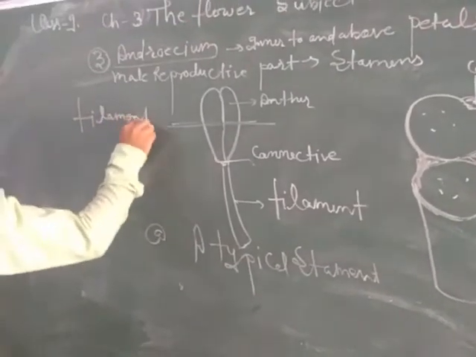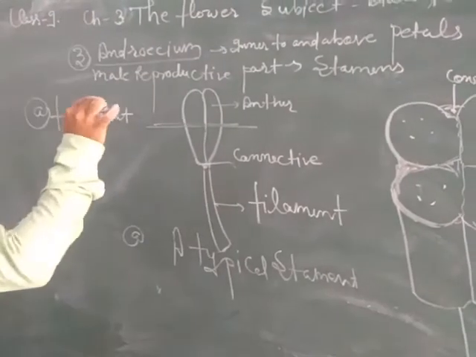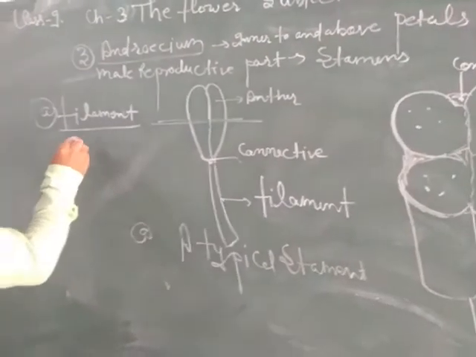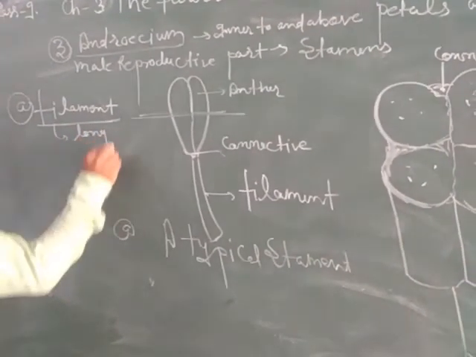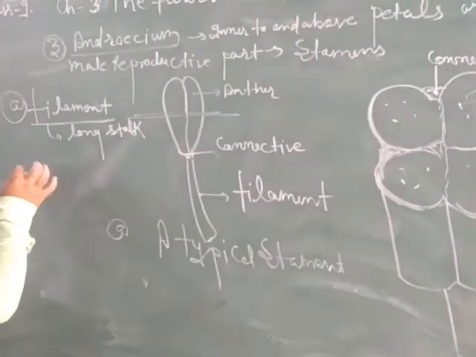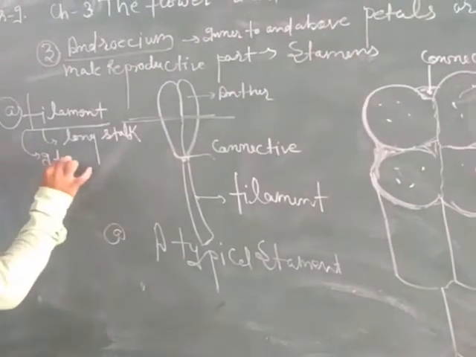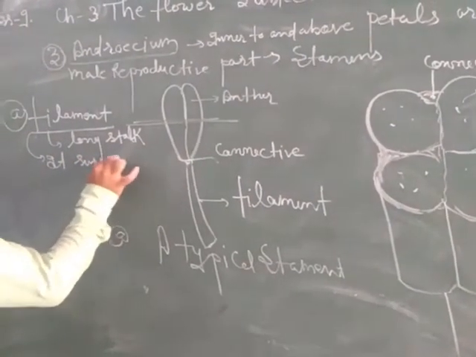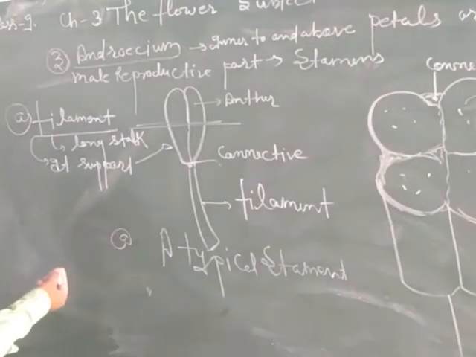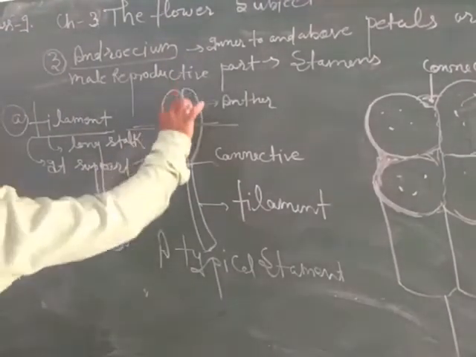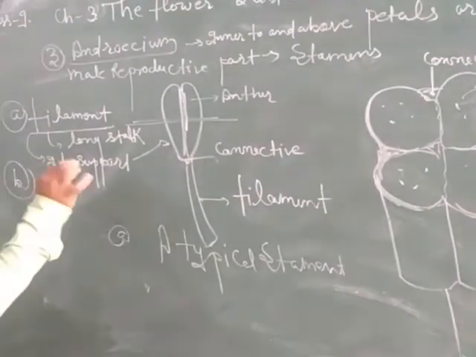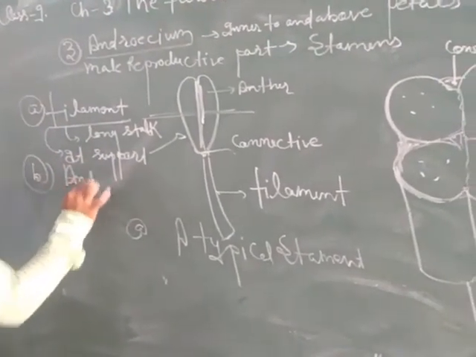What is the function of the filament in the stamen? The filament acts as a support. It is a long stalk of the flower. It supports the anther of the flower, and the two anther lobes are attached by the connective.